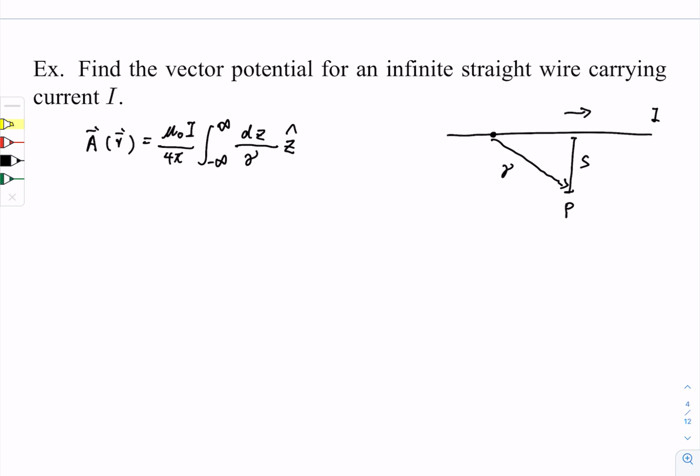This equation is simply copied from above, and now if we plug in all these numbers, the separation vector is simply, say this is along the z-axis, then the separation magnitude is simply the square root of s squared plus z squared, and along the z hat. Now this integral actually cannot be evaluated.